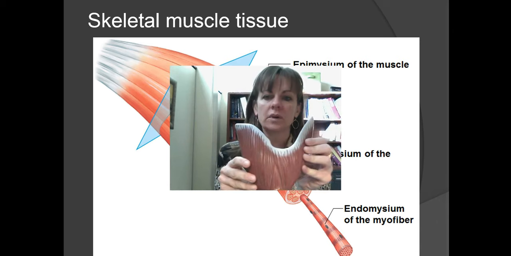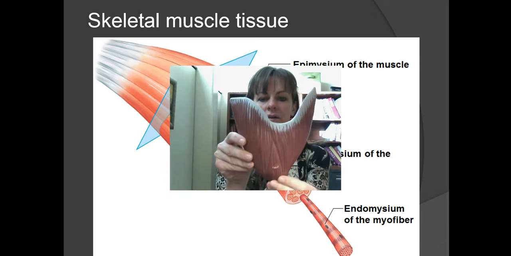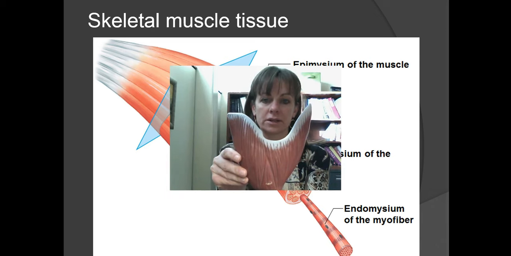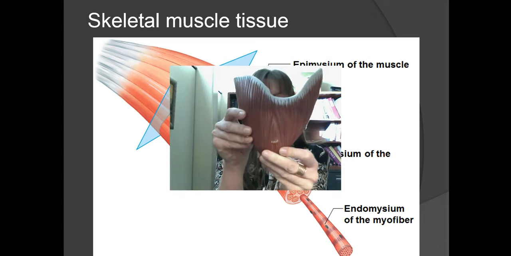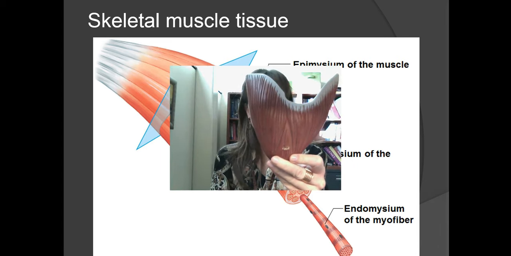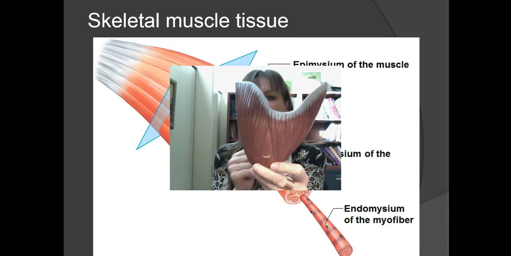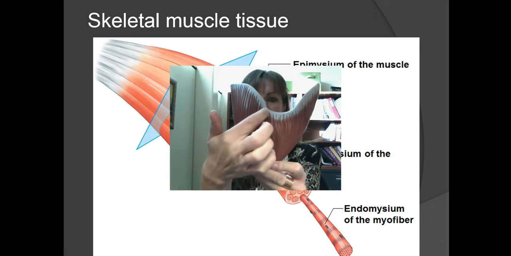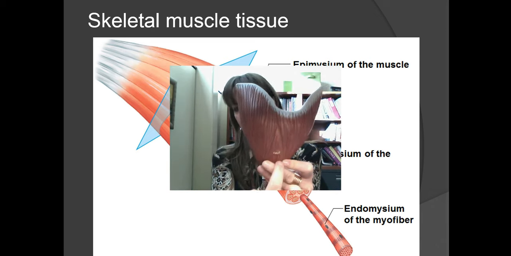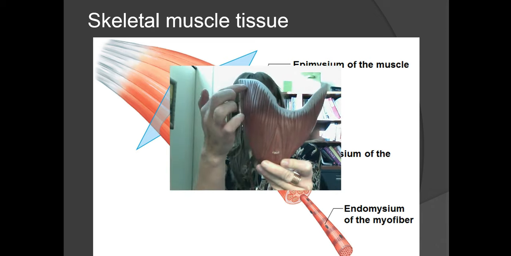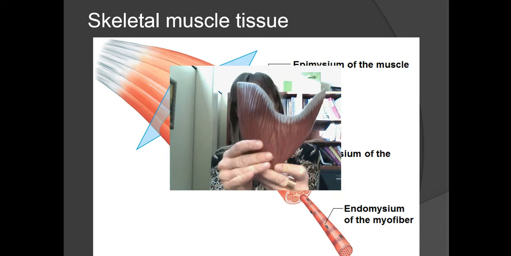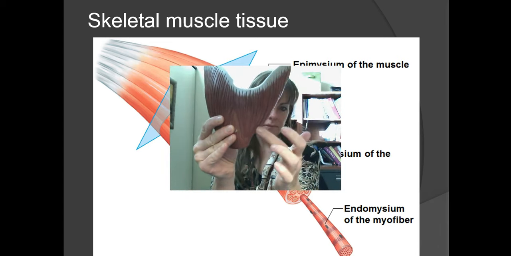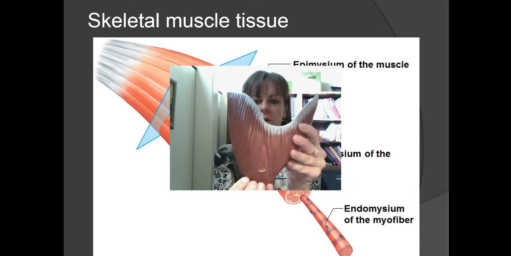And so what we want to do is talk about how these fascicles are arranged. If you were to look at this, you might see that some of the fascicles look like they go straight up and down, but some of them are at a bit of an angle coming in to a certain point.